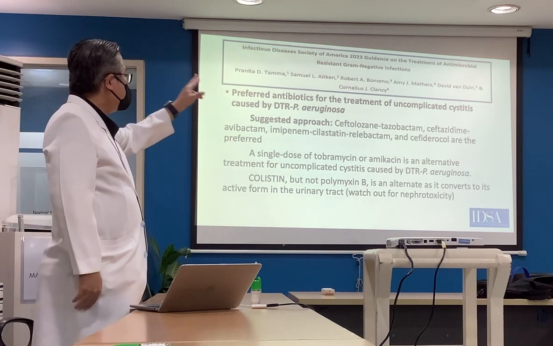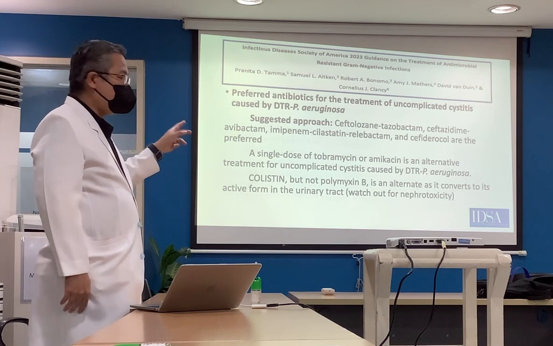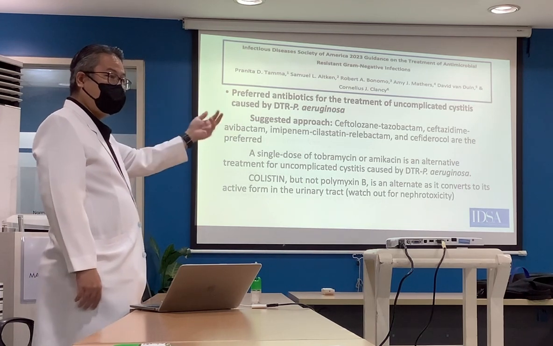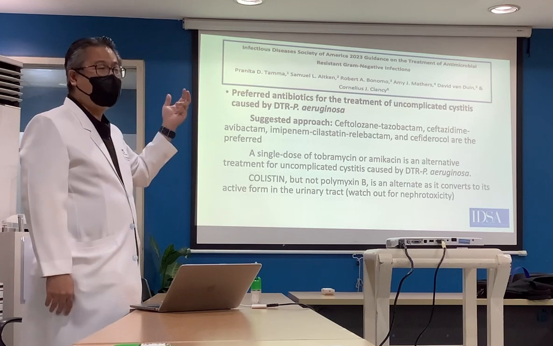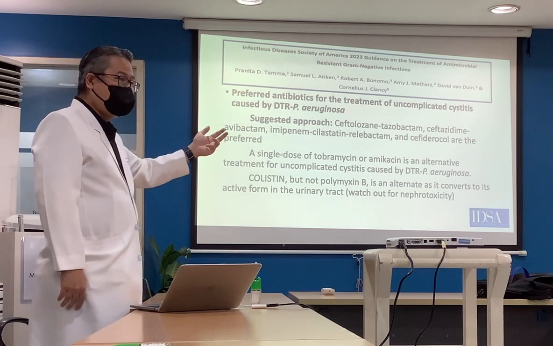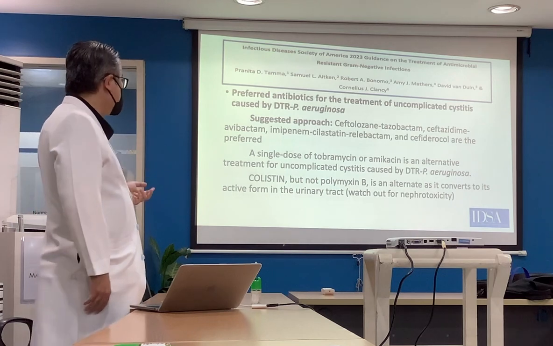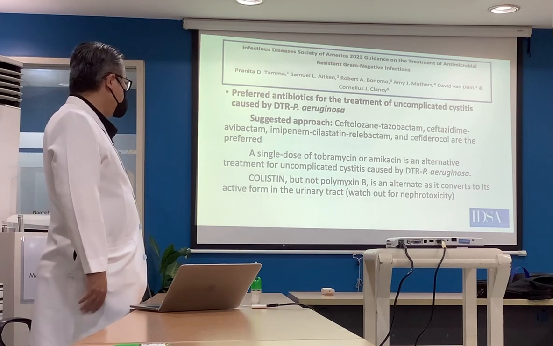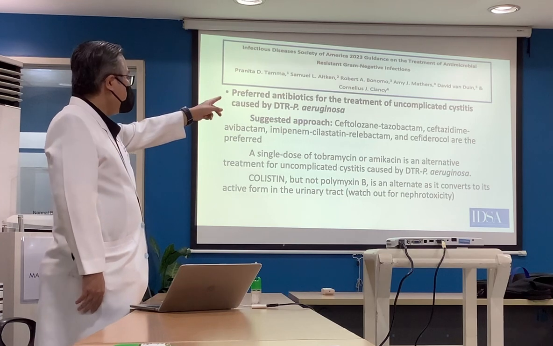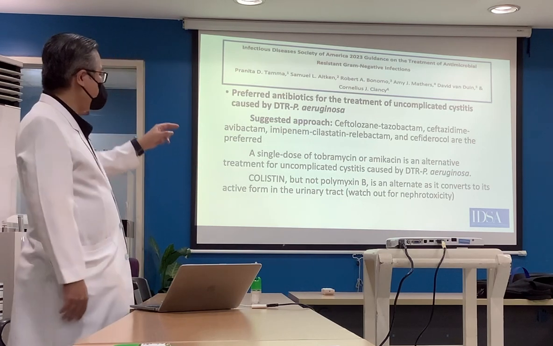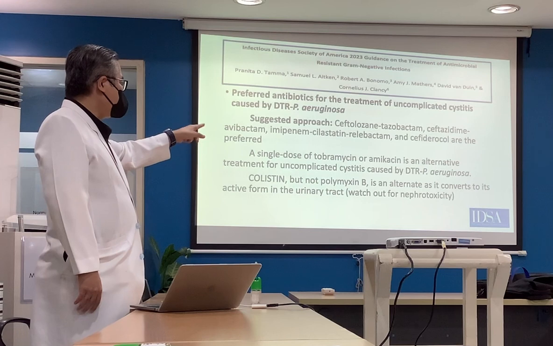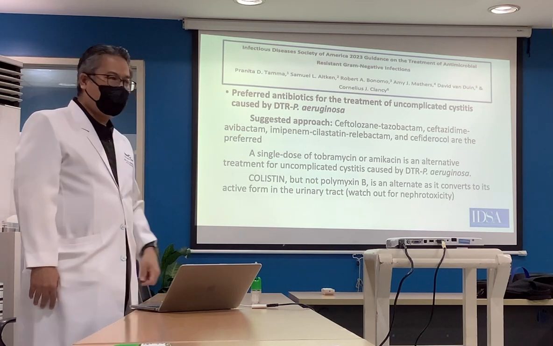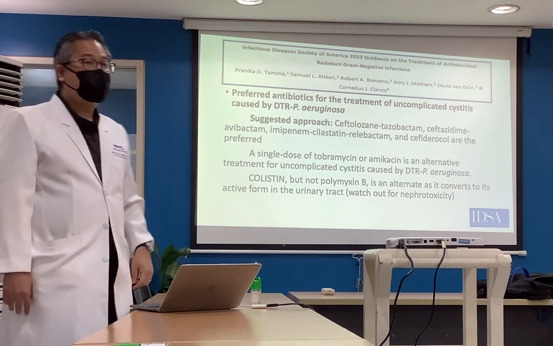Now for uncomplicated cystitis caused by difficult to treat Pseudomonas, ayun, again, kita nyo, ceftolozane tazobactam na naman yung nauna. Kasi yun yung role niya. And ceftazidime, kung example, walang ceftolozane. But all of them are options. Now for uncomplicated cystitis, okay, single-dose tobramycin or single-dose amikacin is an alternative when it's caused by difficult to treat Pseudomonas aeruginosa.